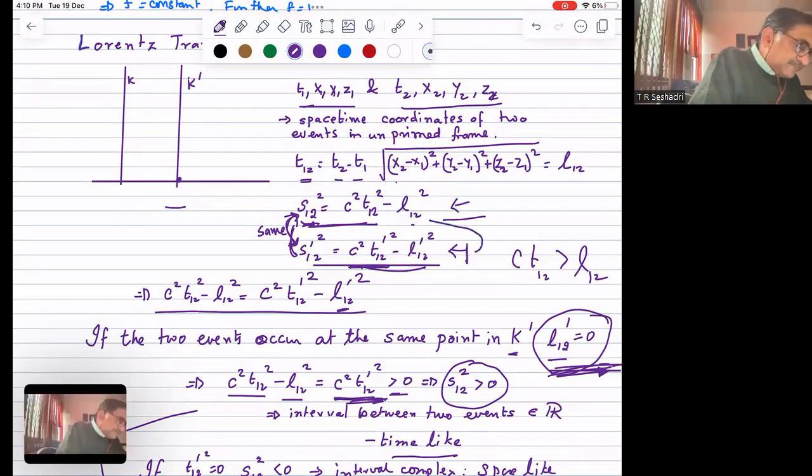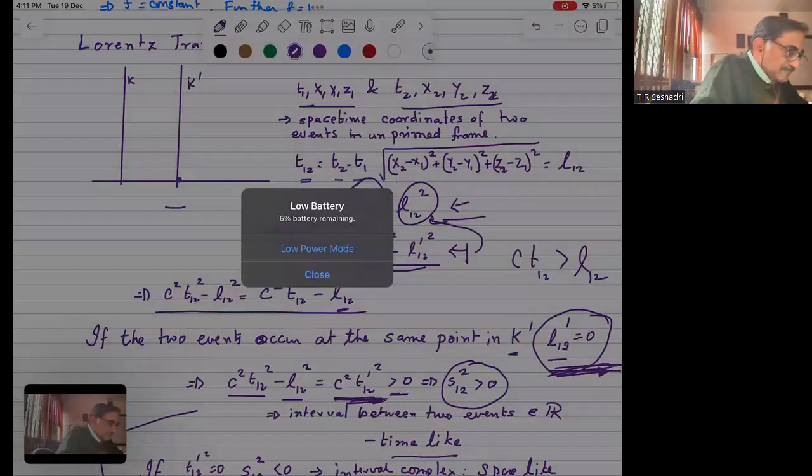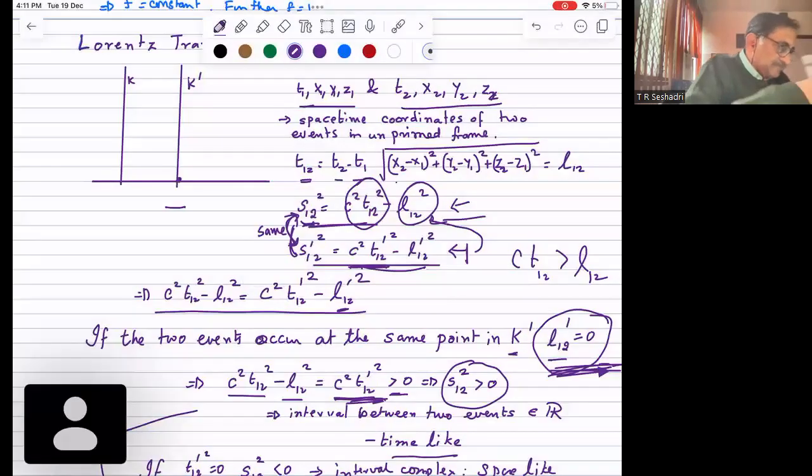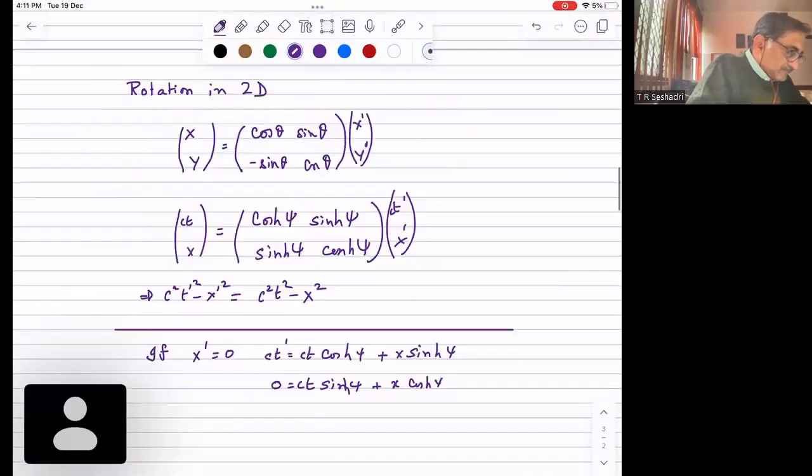And this I can convert to something in which I can make L12 0, which means it is a pure time coordinate change. That's what I mean. Okay, got it.